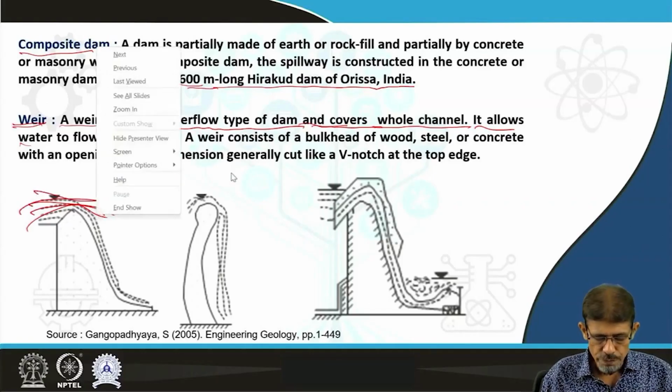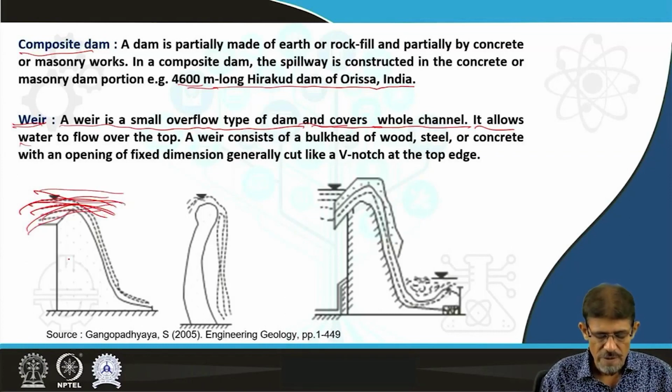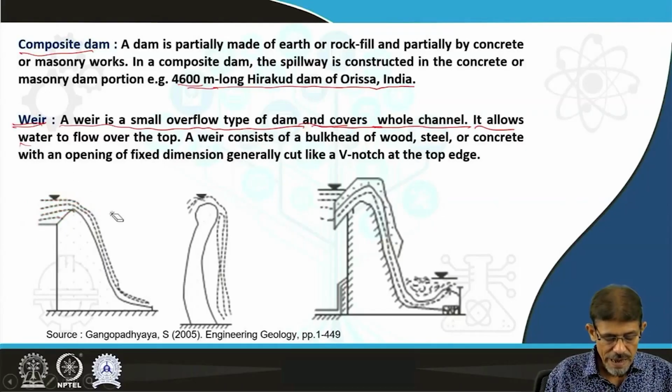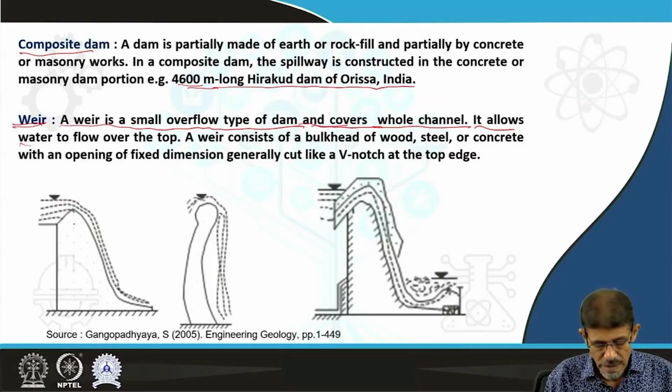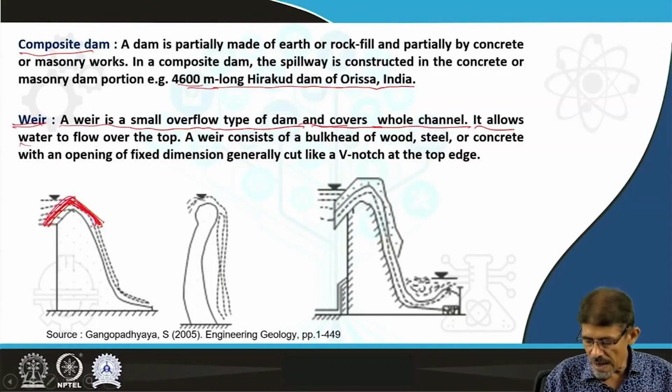Due to the flow of water, there may be some erosion and abrasion, so to avoid abrasion and cutting of the material, generally we put some wood, steel or other metals, or concrete to avoid deterioration of this head.